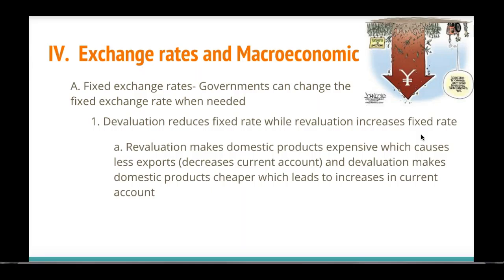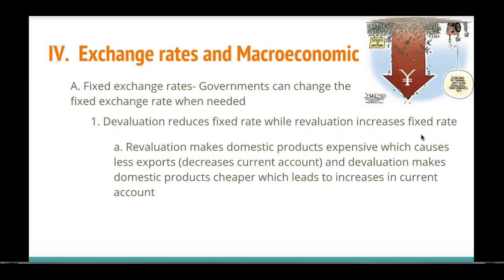We're appreciating the currency, so it makes things in the United States more expensive for foreigners, which causes them to say, oh wait, no, don't want that. So it causes less exports, which, remember, exports and imports are part of the current account, so it decreases the current account. However, devaluation makes domestic products cheaper.